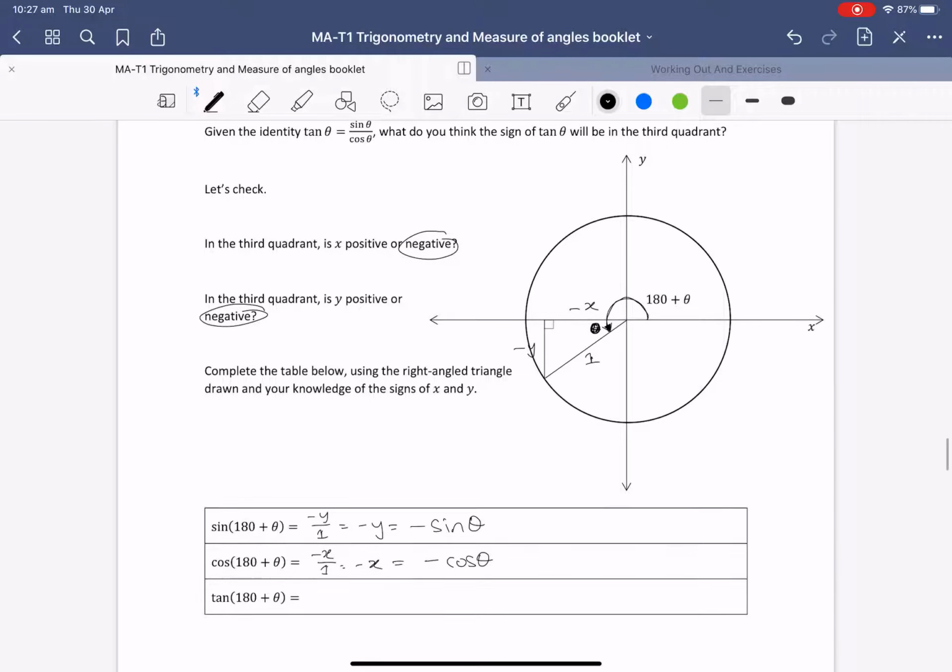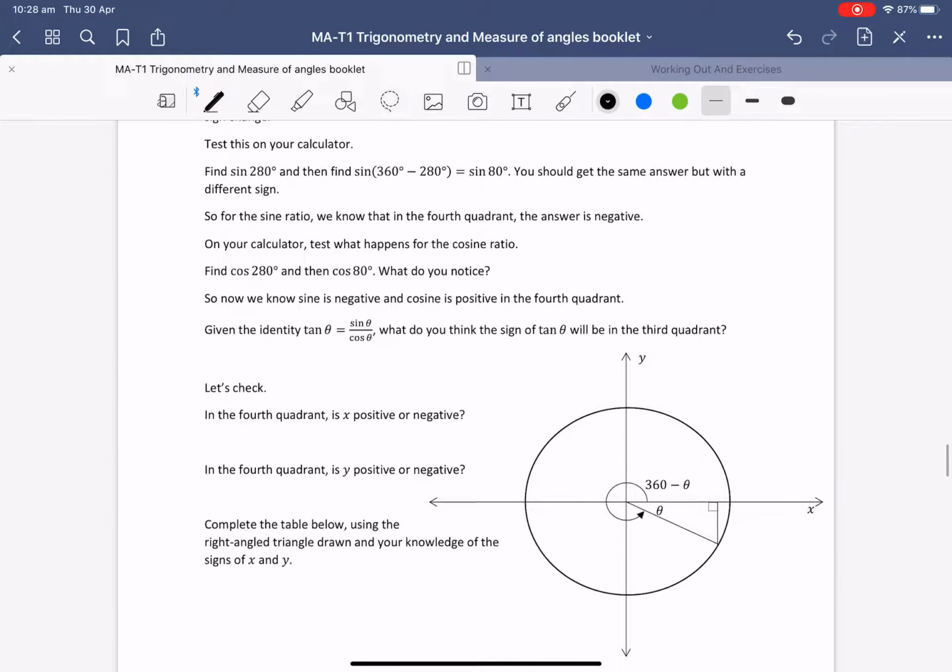And tan is opposite over adjacent, so negative y over negative x, which will be positive y over x, which will give me positive tan theta. So sine's negative, cos is negative, and tan is positive this time.